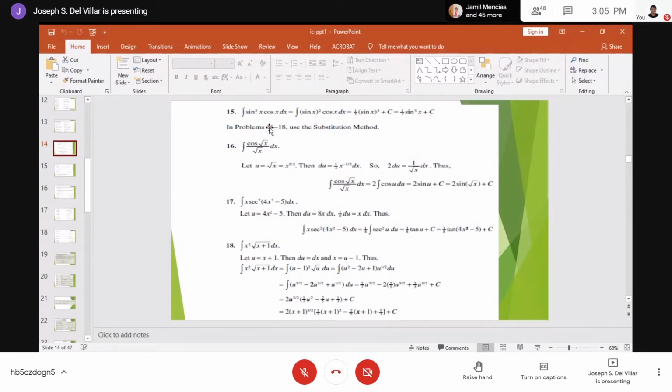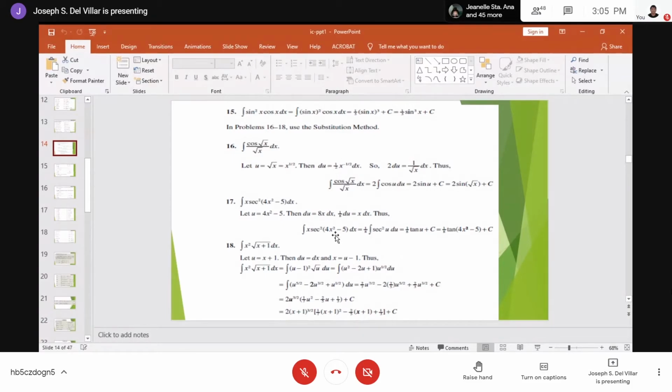This is already an exact differential. So when it is an exact differential, you simply add 1 to the original exponent. So that is sine cube x all over 3 plus c.